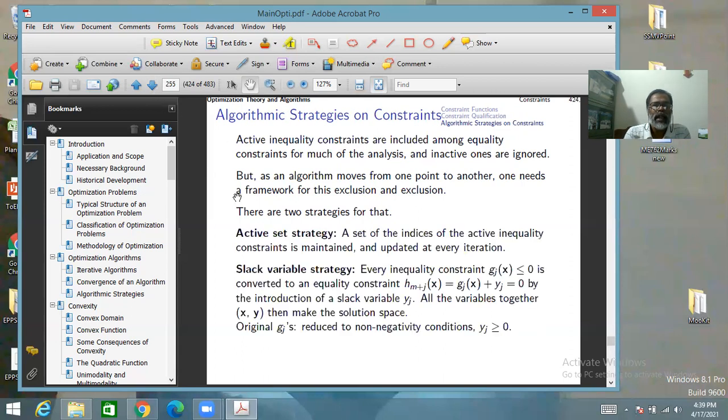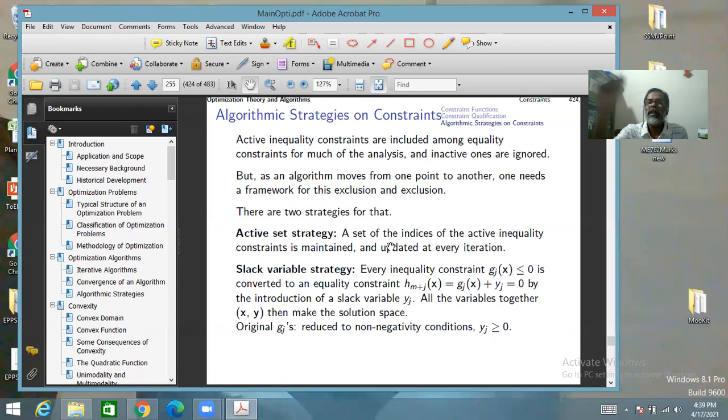One is called an active set strategy. For that, you just maintain a little set which has a few numbers. Say there are 10 inequality constraints, out of which constraint number 1, 3, 7, and 9 are currently active at the current point. Then you maintain for this step a little set of those four numbers.